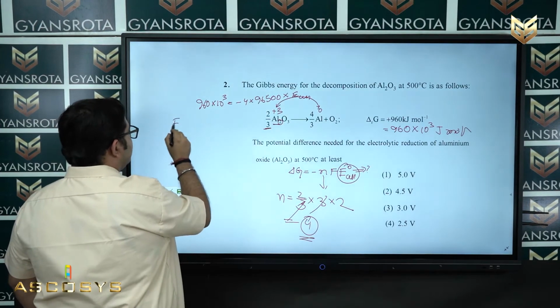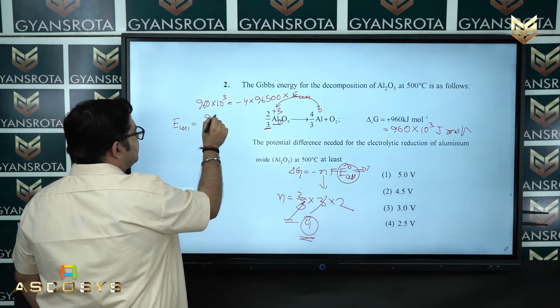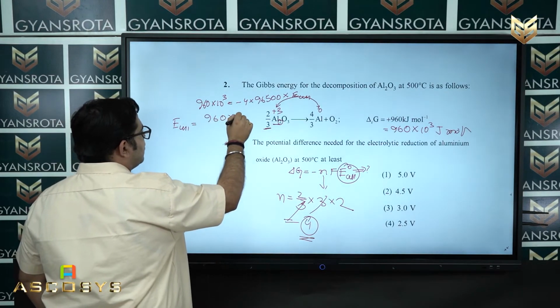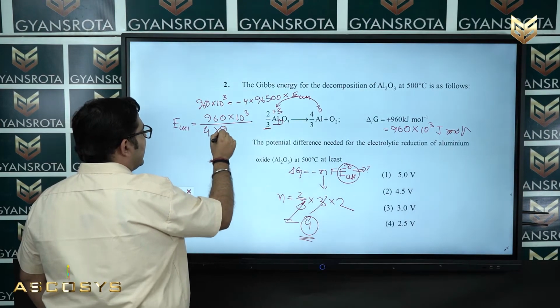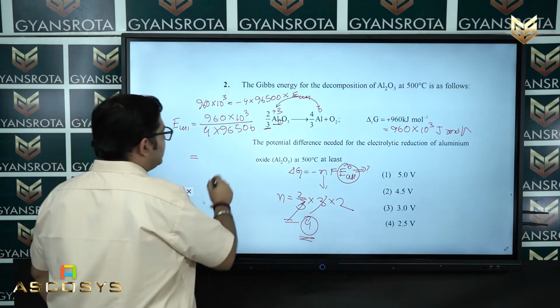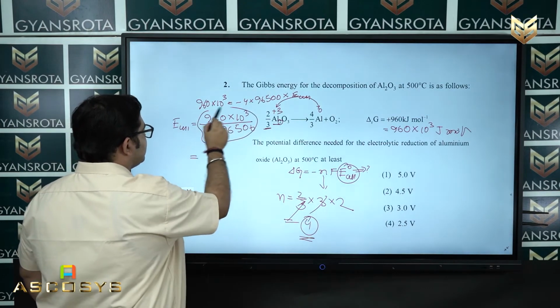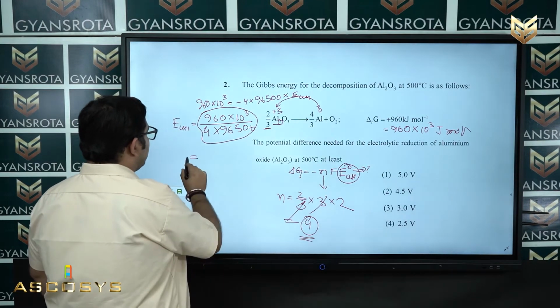Now, E cell equals 960 into 10 cube divided by 4 into 96500.